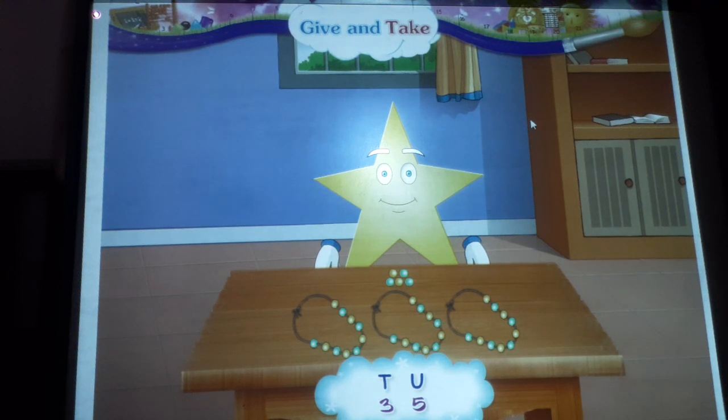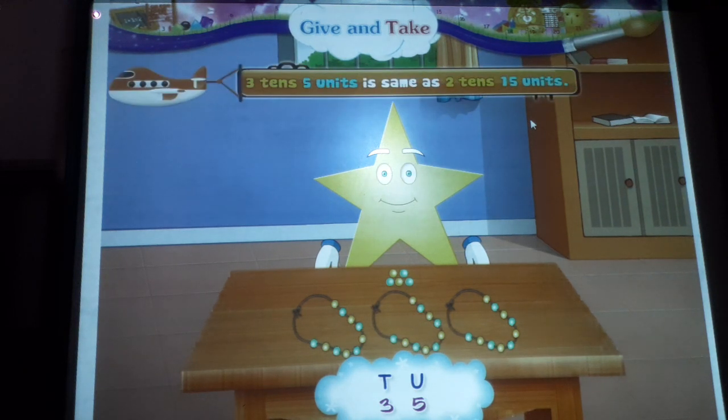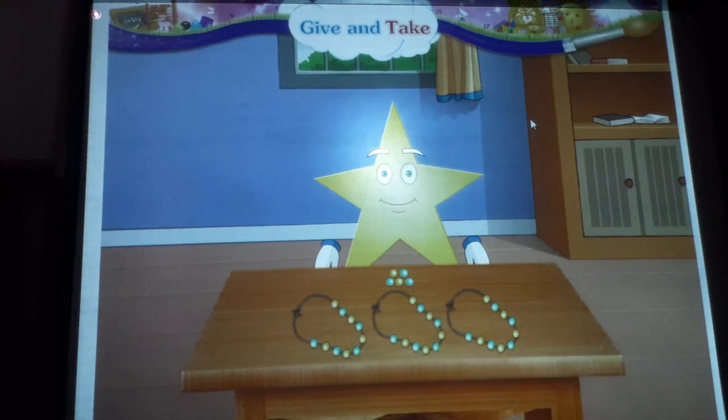So we can say that 3 tens, 5 units is same as 2 tens, 15 units. Did you understand, Starry? We are learning to untie the tens here, that is, convert tens into tens and units.